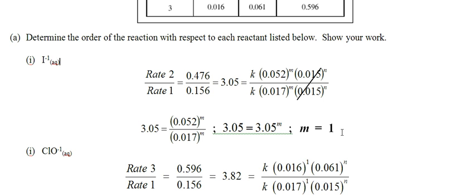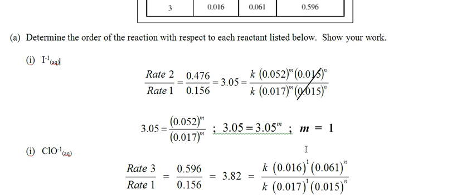Again, your only powers or orders for the reactants can be 0, 1, or 2. What I don't want you doing is freezing up and saying, "Whoa, that number doesn't look right." If it doesn't work with 0, 1, or 2, then go back and look at your calculations. So we know that the iodine is a first order reactant.